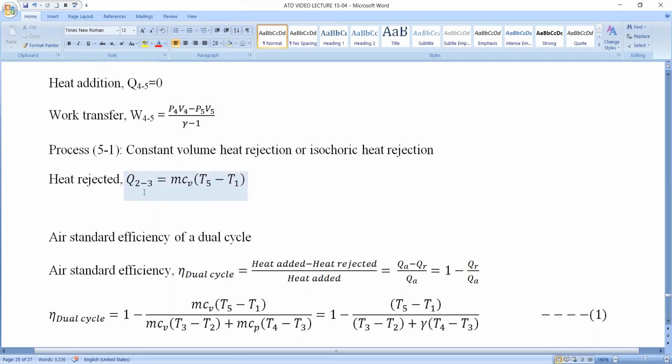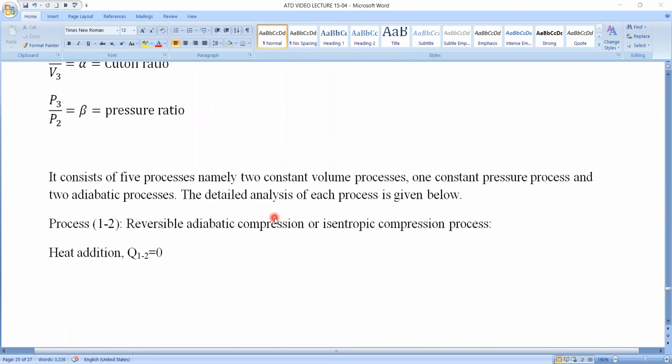So heat rejected during the process 5 to 1. Now take the temperature difference very carefully. So mCv: why are we taking Cv here? Because we are dealing with the constant volume process, so we have to take the specific heat at constant volume.